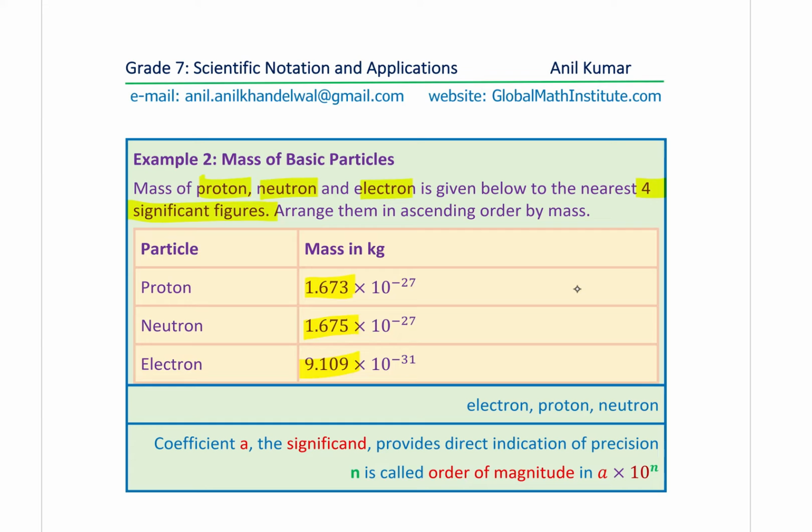So 1.673, 1.675, 9.109 are the real numbers, and their value is between 1 and 10, times 10 to the power of minus 27, minus 27, minus 31, all negative exponents. So that means that the mass is very, very small, correct?